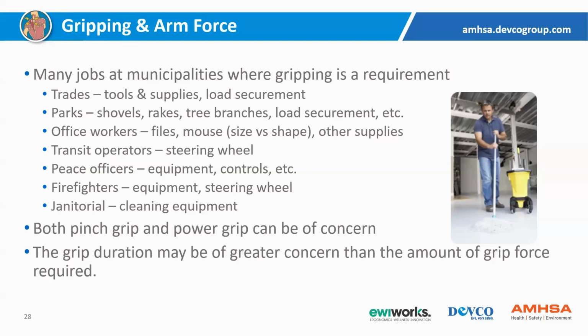For peace officers, it might be apprehending a suspect, maintaining control over a suspect, and some of their tactical work. Firefighters, again, lots of hand equipment, holding hoses, pulling hoses, driving the vehicle to and from calls. Lots of strenuous work when they're physically involved in a control, opening and closing valves, right? Lots of upper body work and gripping as well.